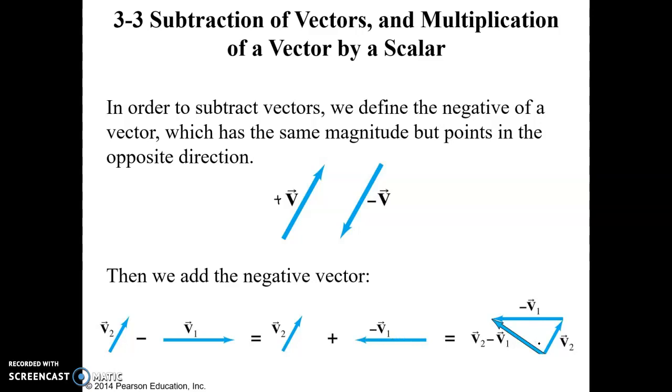And so we start with this V2. We go up and to the right. And then we add to it the negative V1, which is going to the left. So we end up with the starting point and this ending point. And the resultant will be the vector that goes in a straight line from the starting point to the ending point. So V2 minus V1 is this vector right here.